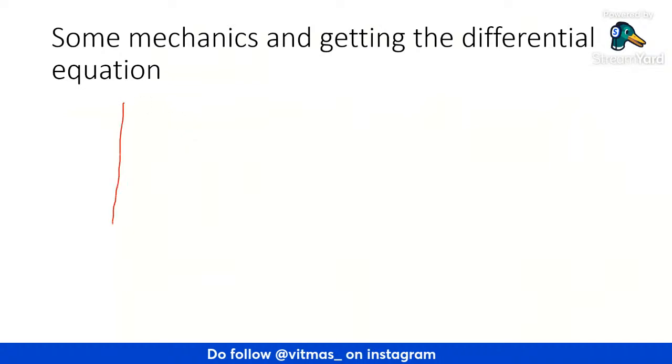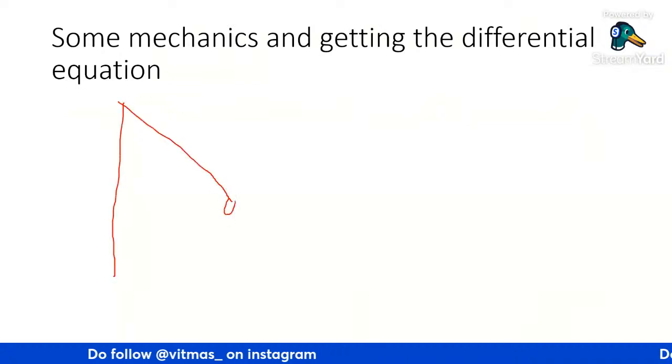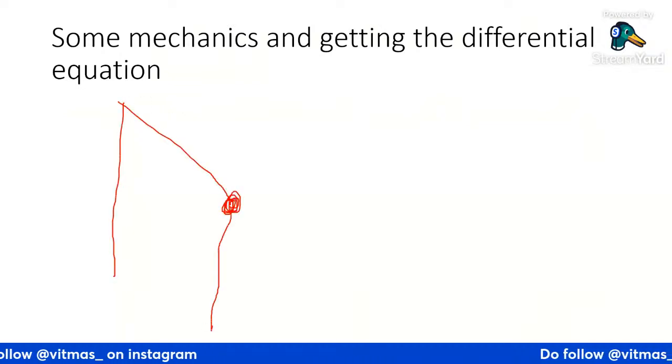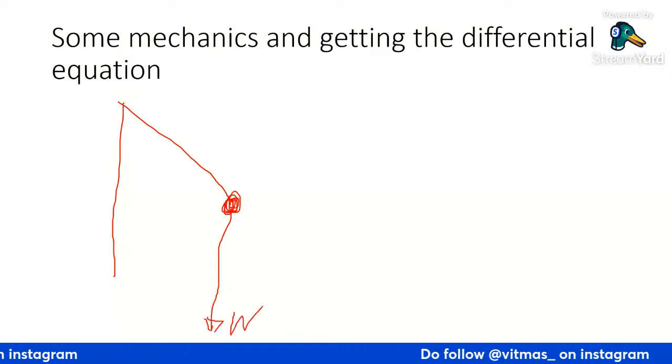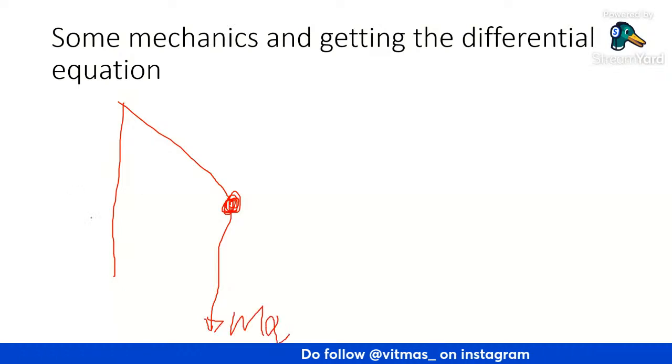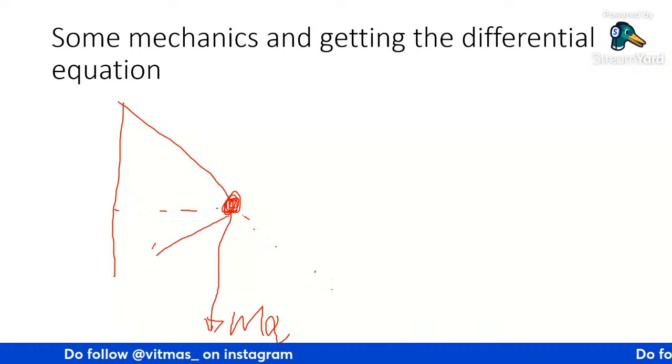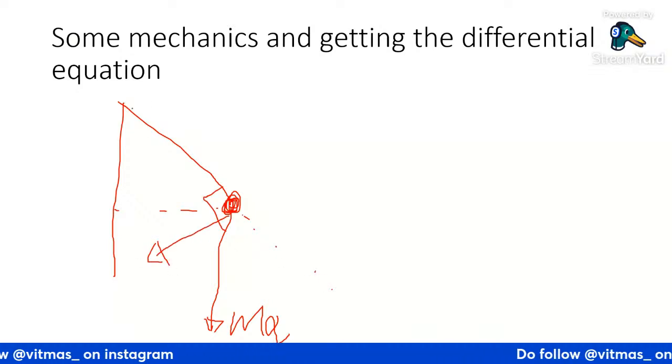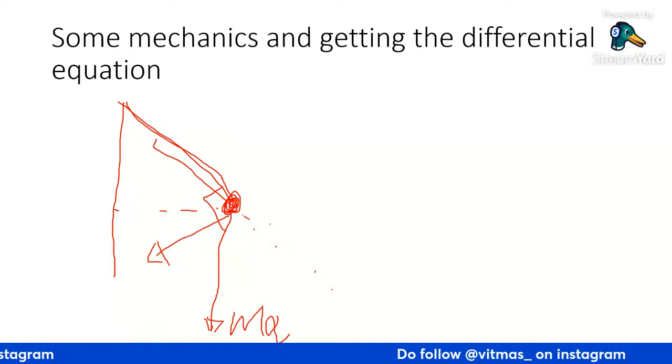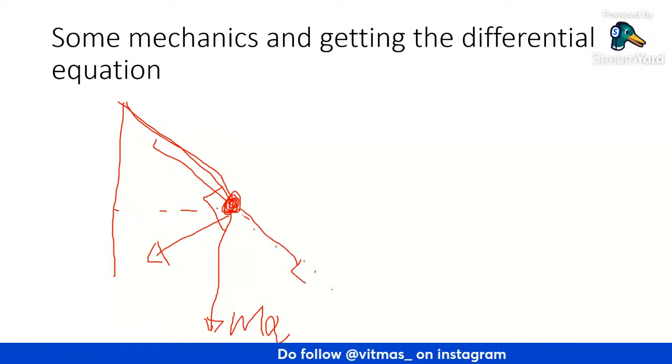Okay, so let's continue with the mechanics of our equation. If we consider the free body diagram, like we learned, we have a force mg, right? And usually we resolve it perpendicular to the rod and normal to the rod, right?